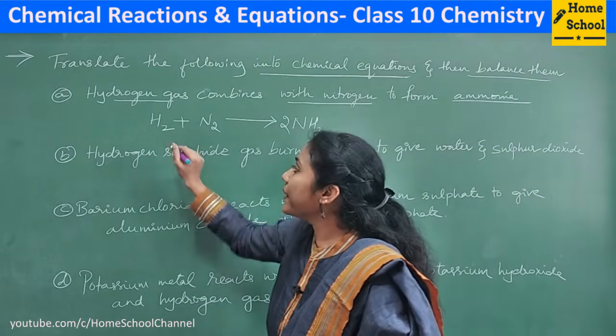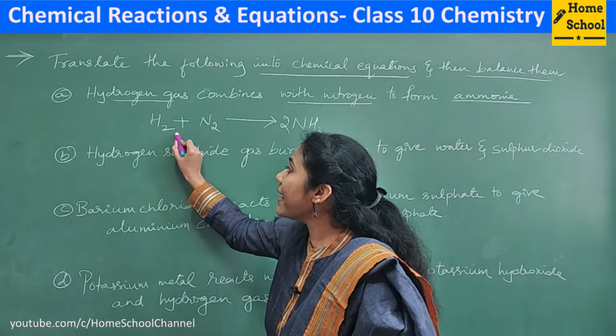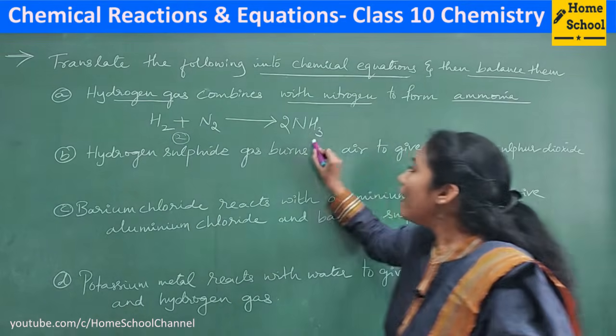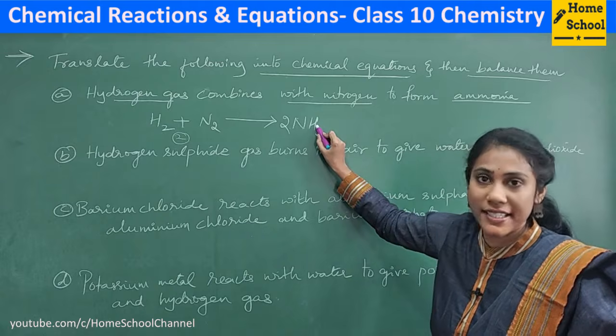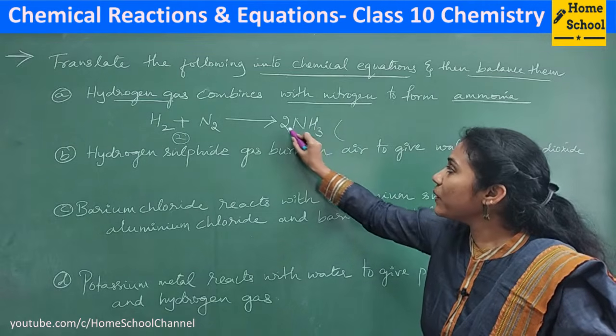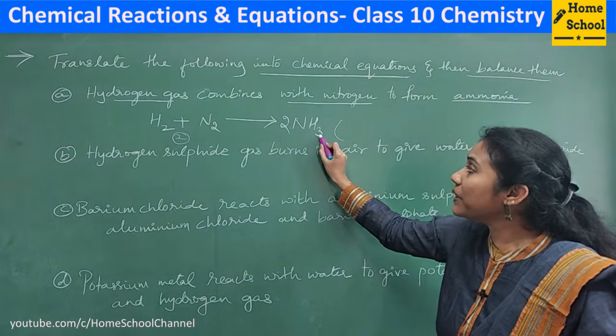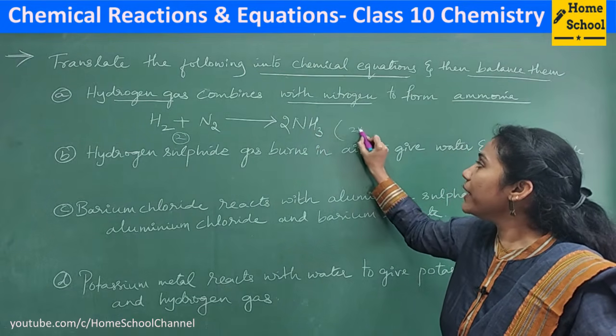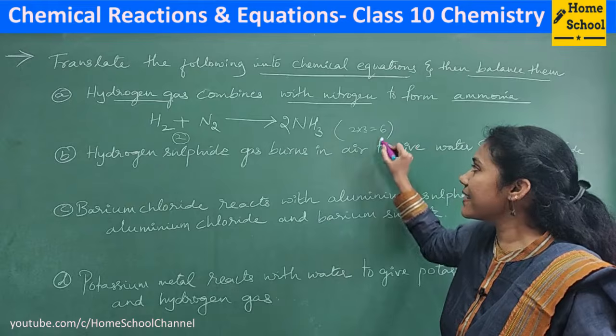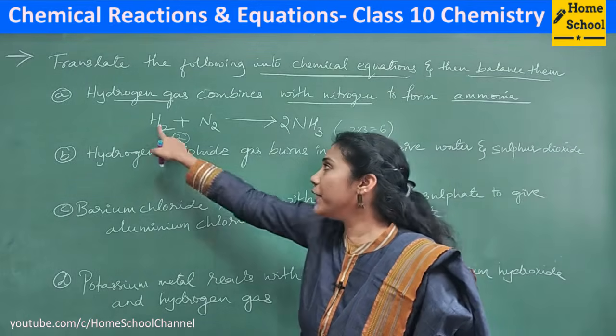Now you check the hydrogens. How many hydrogens on the reactant side? 2. How many hydrogens on the product side? Now this 2 belongs to the hydrogen also, so how many hydrogens altogether? 2 into 3, you have to multiply. 2 into 3 is 6 hydrogens. This side has only 2 hydrogens.